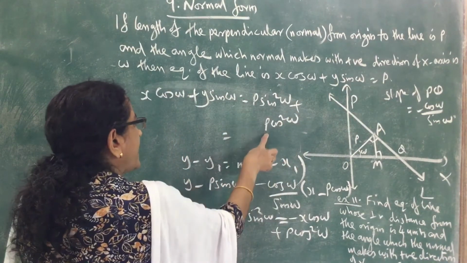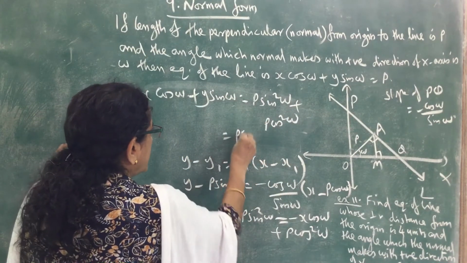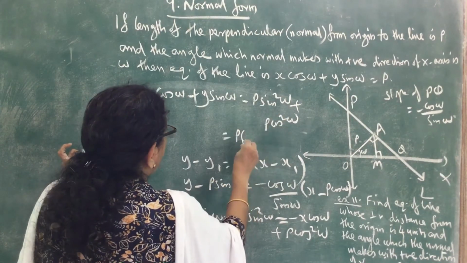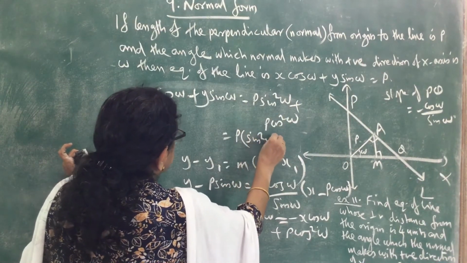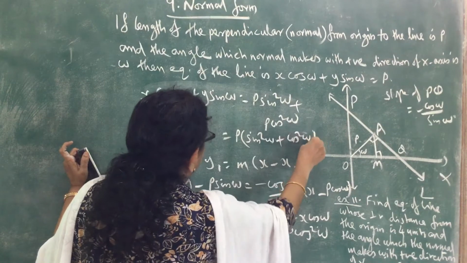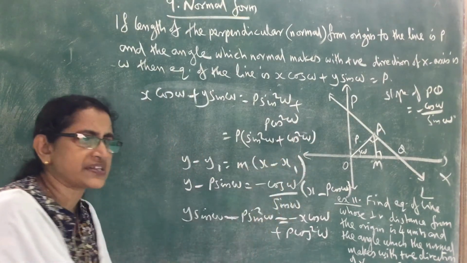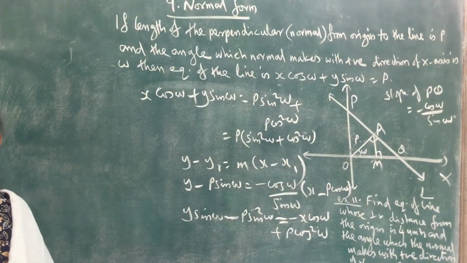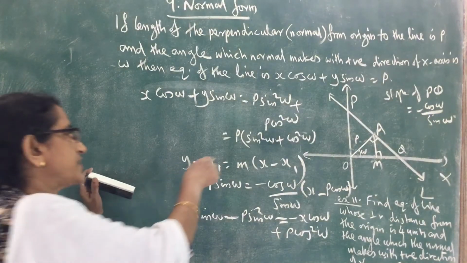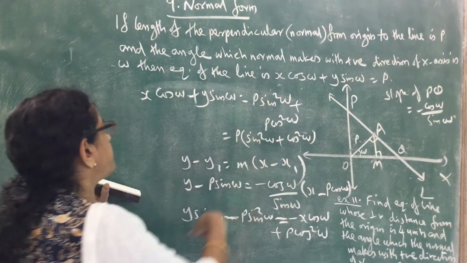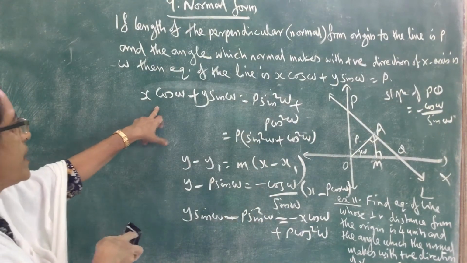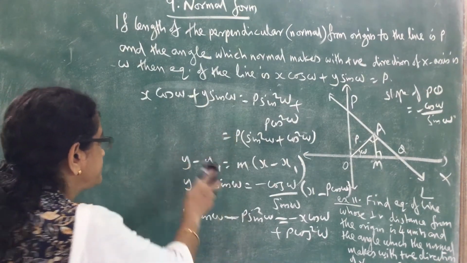Now we can take P common from this. So P into sin square omega plus cos square omega. What is sin square omega plus cos square omega? We know sin square theta plus cos square theta equal to 1. So that is same as P. So we got x cos omega plus y sin omega equal to p.